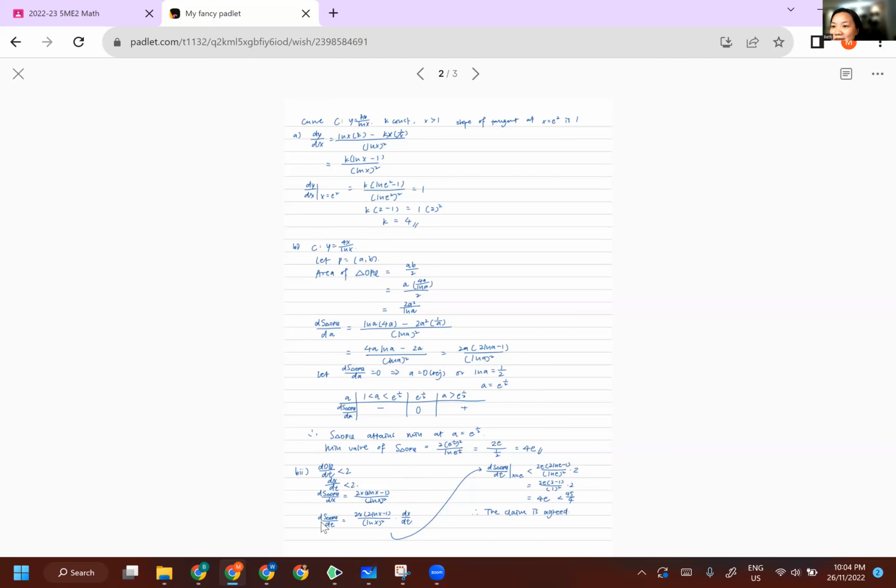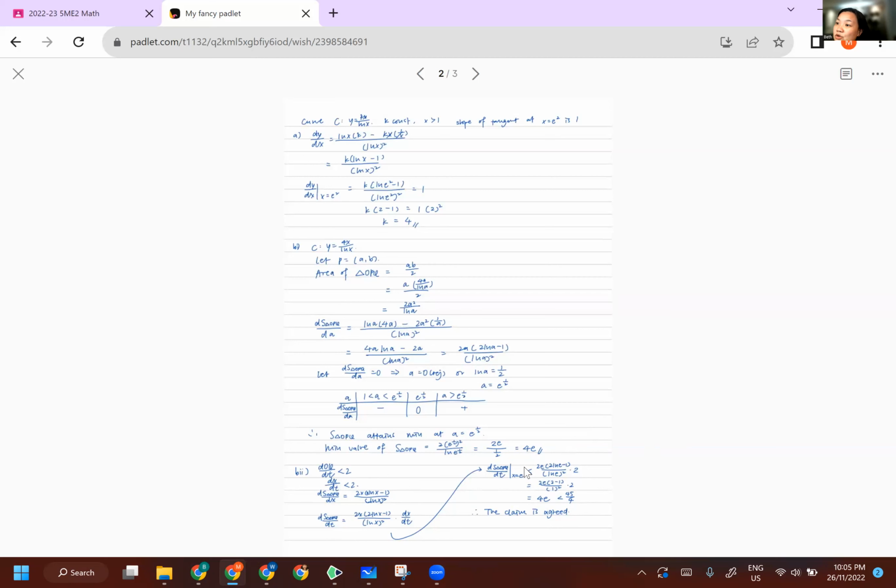Okay. And this is dA/dt, and then this is dA/dx times dx/dt. And then when you put x equals e inside, it's smaller than or equal to everything put in. And also the dx/dt, you put in smaller than or equal to 2.